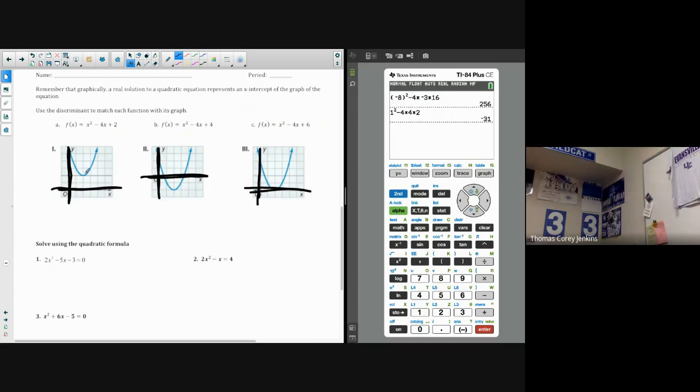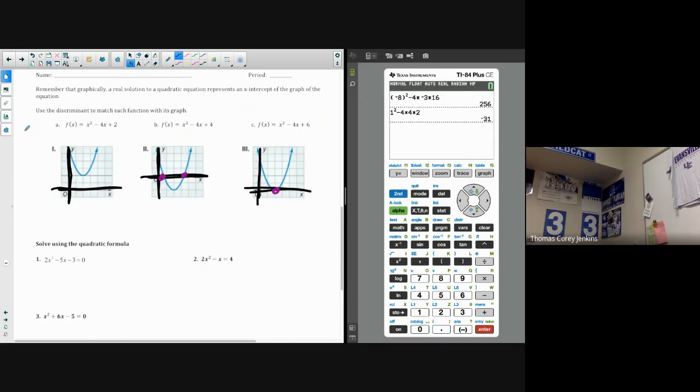Hopefully you can look at this visually and tell, based on what we've done with solving by graphing, this is a no solutions. This is a two solutions, right? Because two x-intercepts, and this is what a one solution looks like. All right, so let's go ahead and use the discriminant to see what goes where.